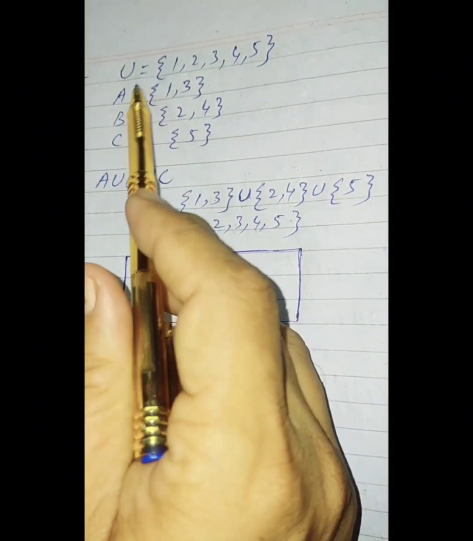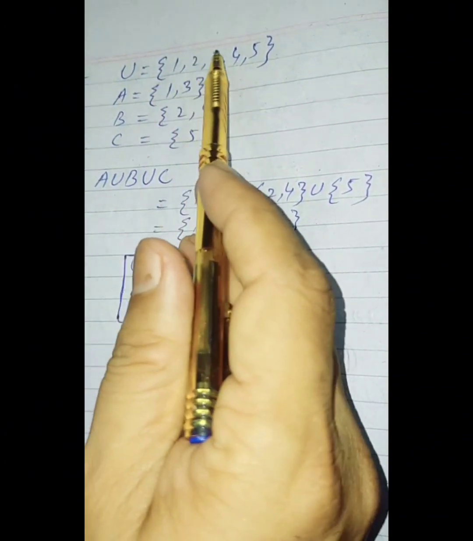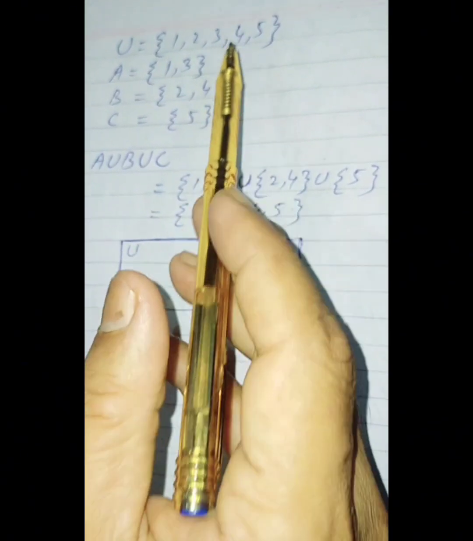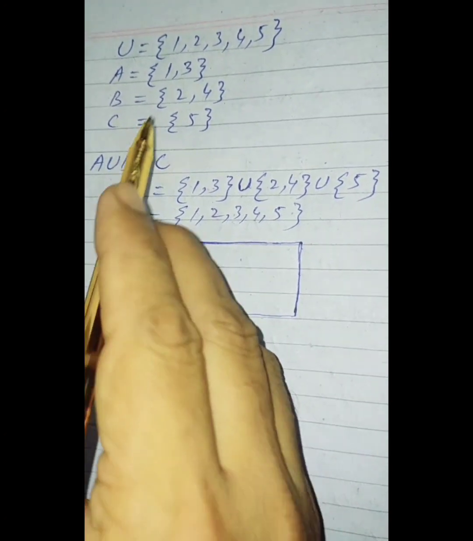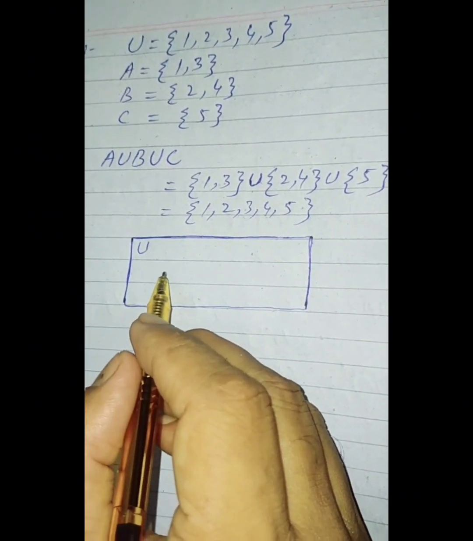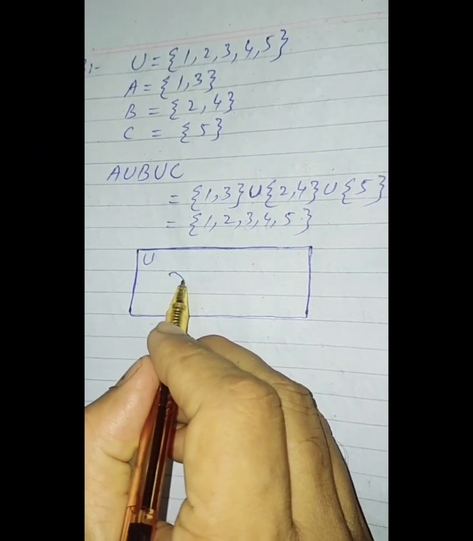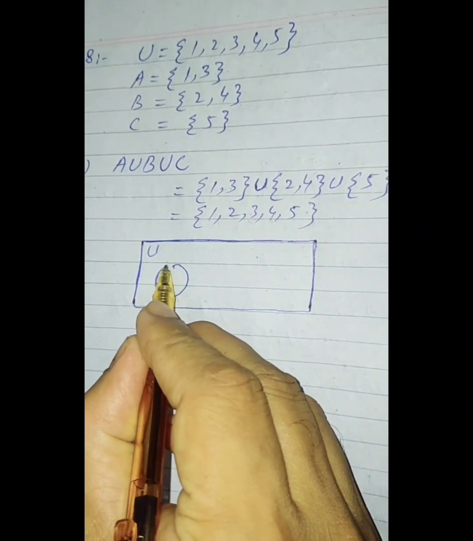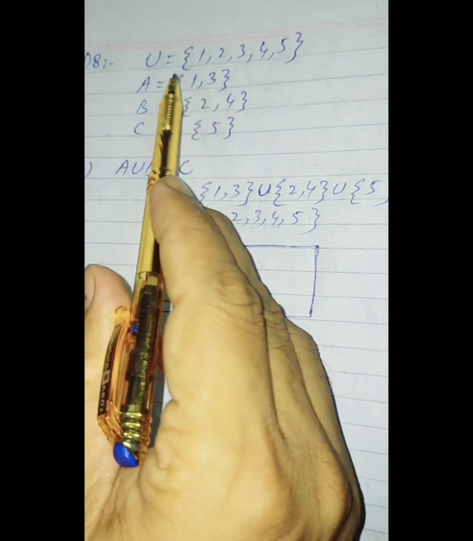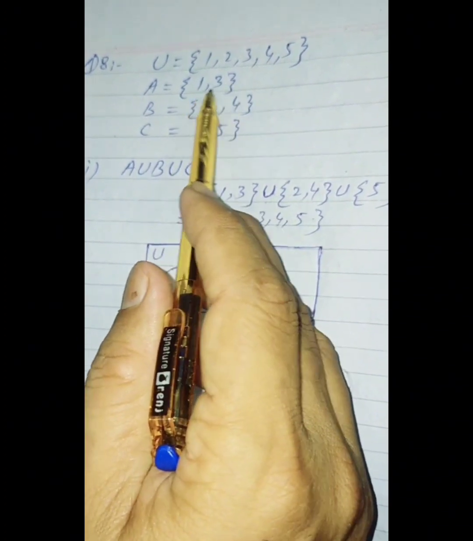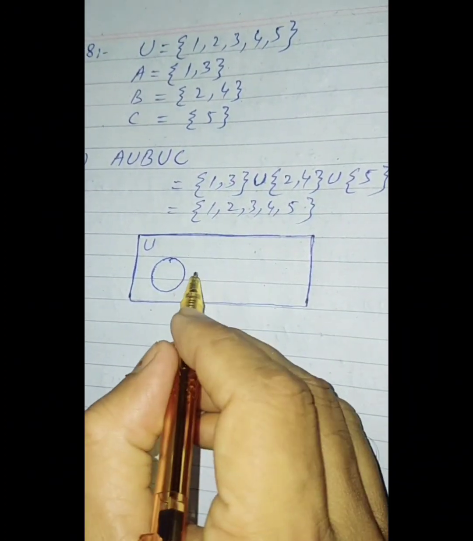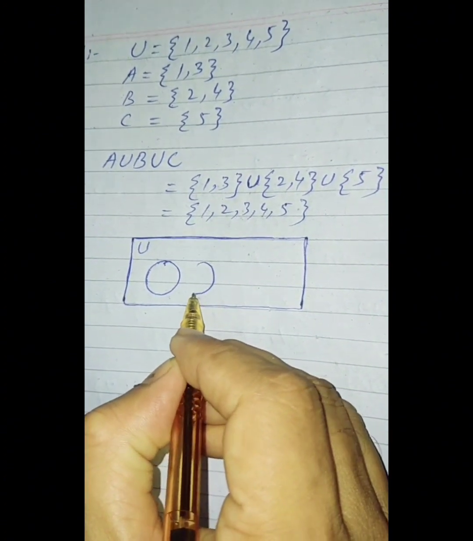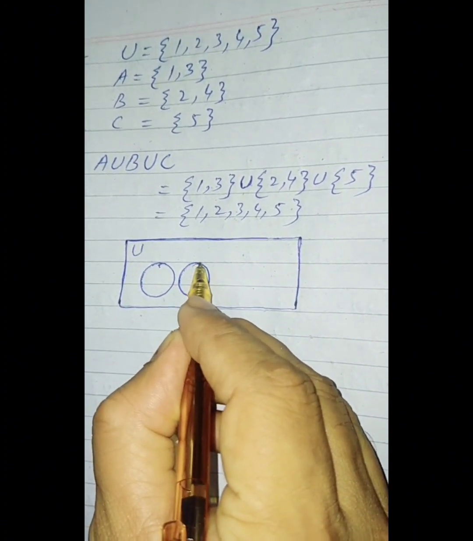And all these three sets are subsets of the universal set, so we will show them within the rectangle. The subsets are represented by circles. And all these subsets are disjoint sets because they have no common member. So all the circles are disjoint circles. Clear?